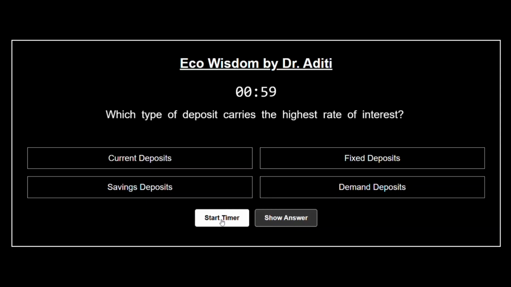Next question is, which type of deposit carries the highest rate of interest? Current deposits, fixed deposits, savings deposits, and demand deposits. This one is a little bit tricky.